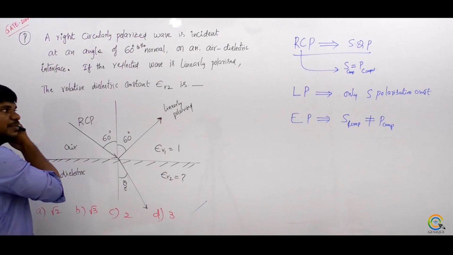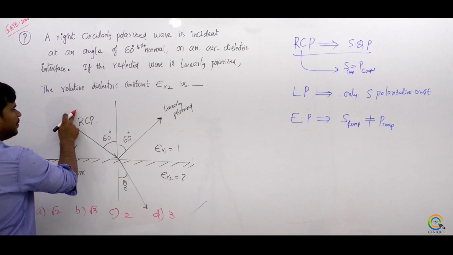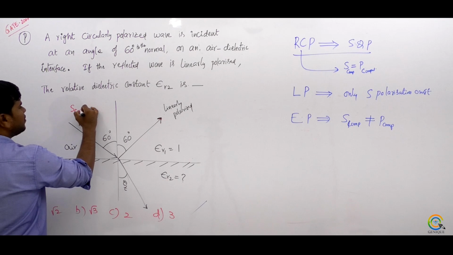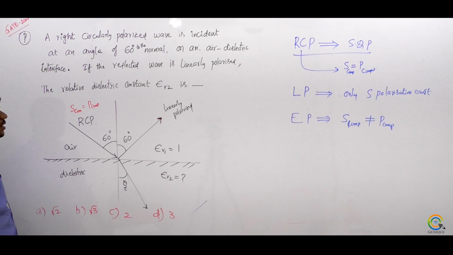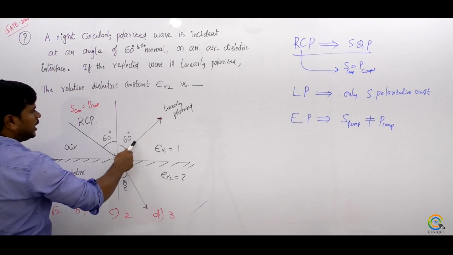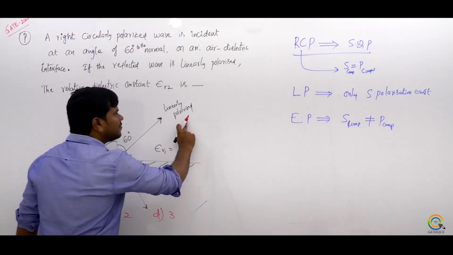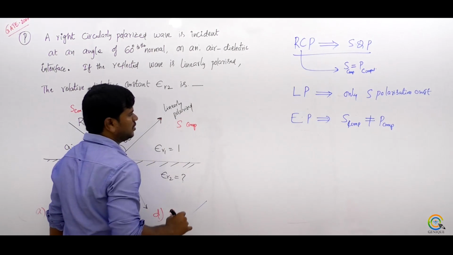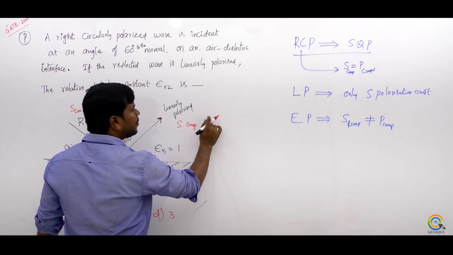Right circularly polarized wave means S component is equal to P component. But here the reflected wave is linearly polarized, which means only the S component will exist. What about the P component? The P component is not there.